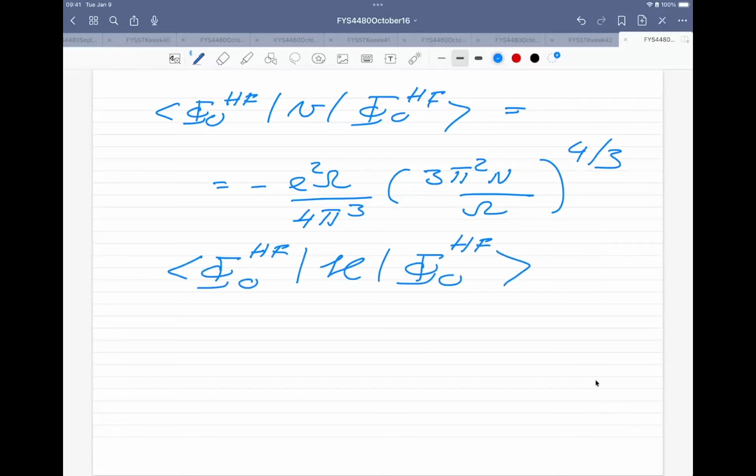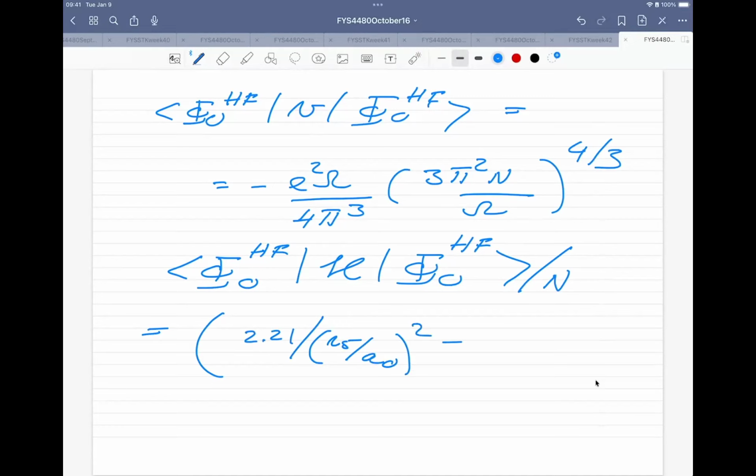This term, when I plug in 3 pi squared to the power of 4/3, divide by 4 pi to the power of 3, and plug in the numbers, and divide by the number of particles, is the same as 2.21, divided by the radius of the sphere which an electron occupies, divided by the Bohr radius, squared. This is a typical way you would see this expression in the literature.